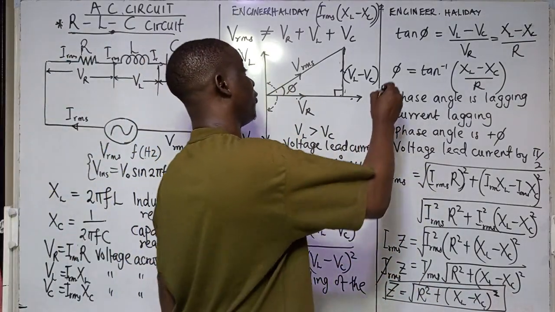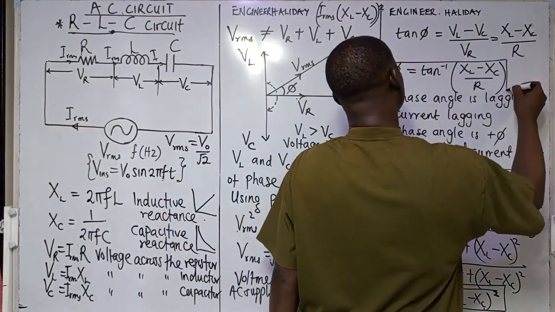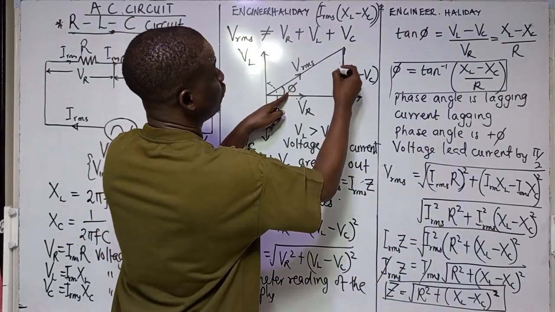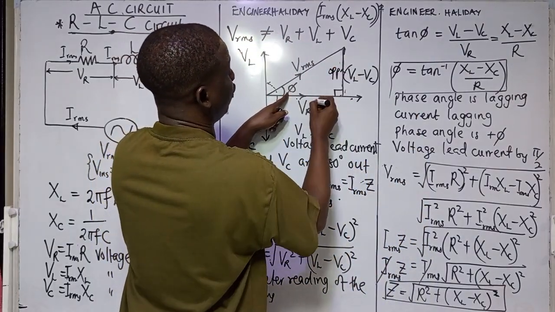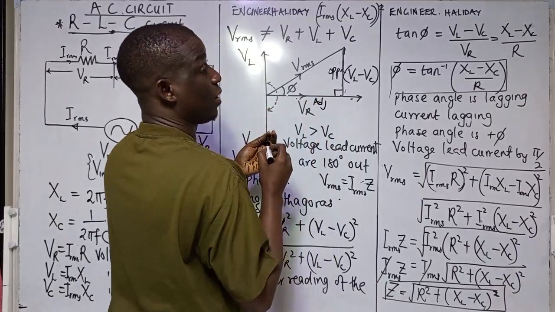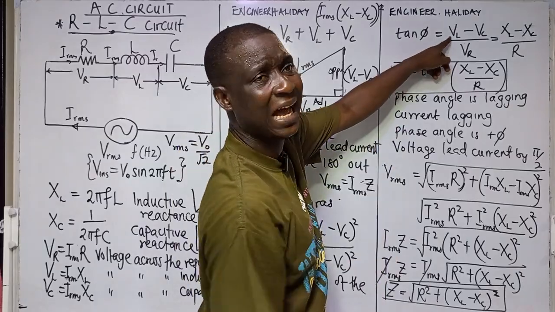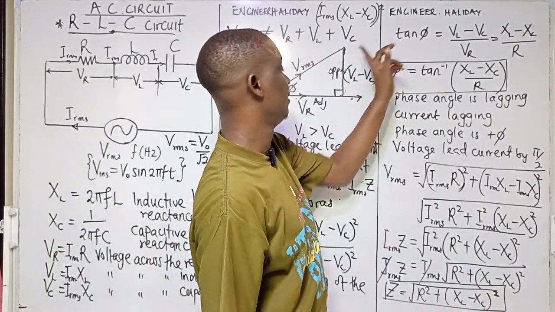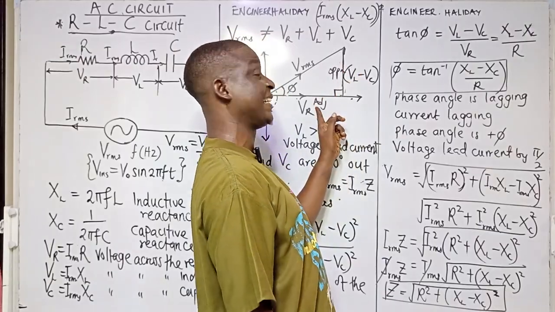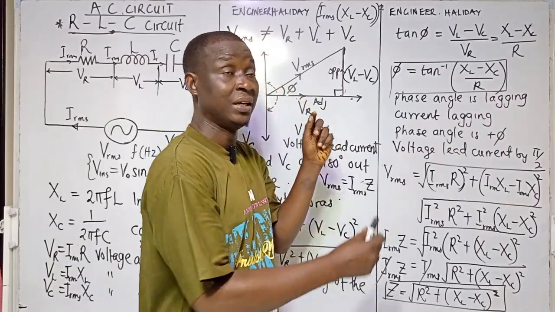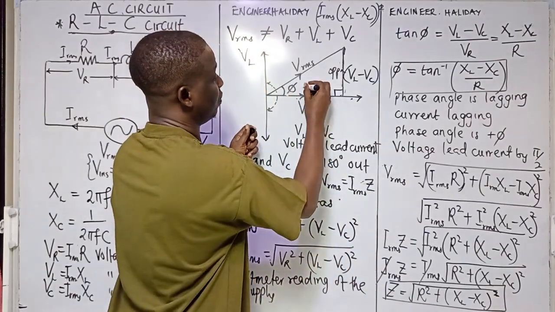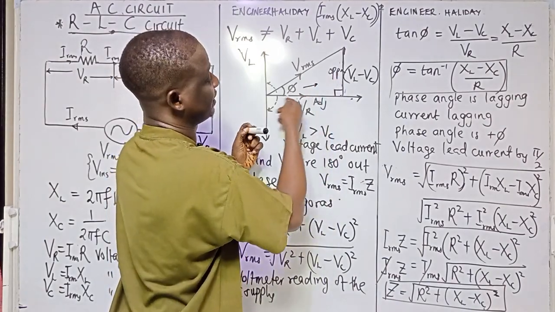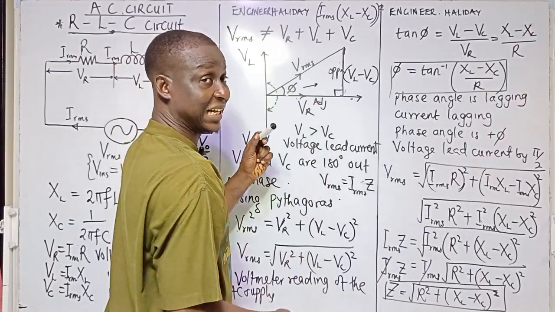Don't forget this is the formula for phase angle. Now, how do you get it? You use tan theta equal to opposite over adjacent. Because some of you will ask questions, say, Mr. Holiday, how do you get this formula? Tan phi is equal to opposite over adjacent. The side facing the angle is the opposite, so this side is the opposite. Then the sitting length is the adjacent.